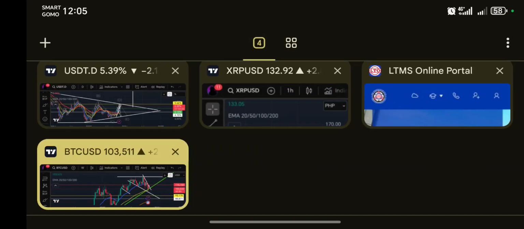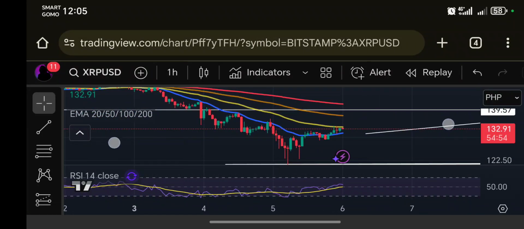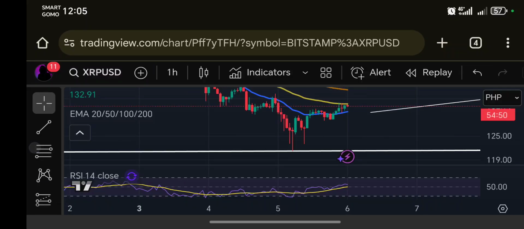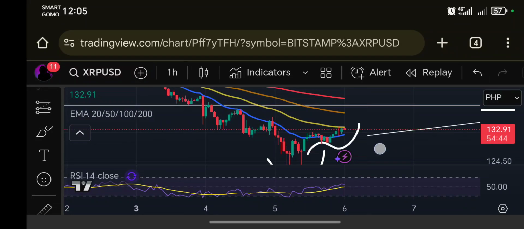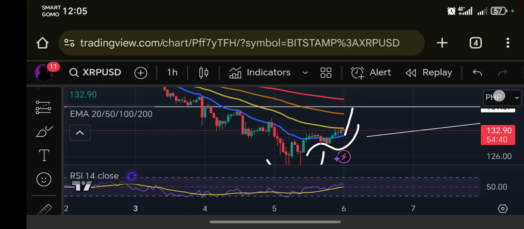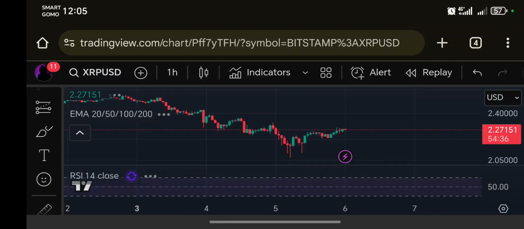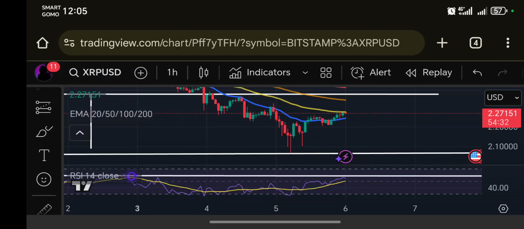Okay, but look at your XRP right now. This is your 1 hour time frame showing a bullish pattern here. Okay, a double bottom, nice. Then we consolidate here, and maybe one pump here. Oh, I'm sorry, I'm gonna use dollar one. Yeah, this one, sorry for that.